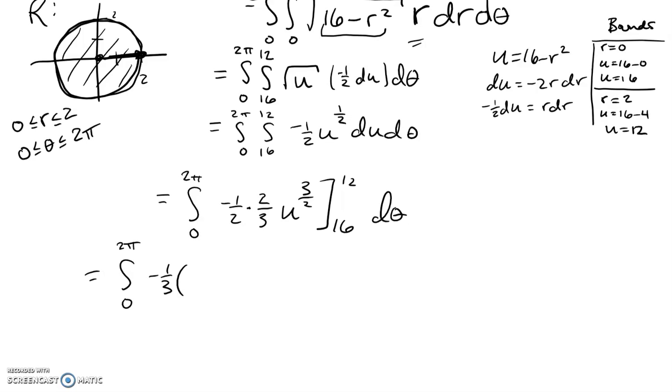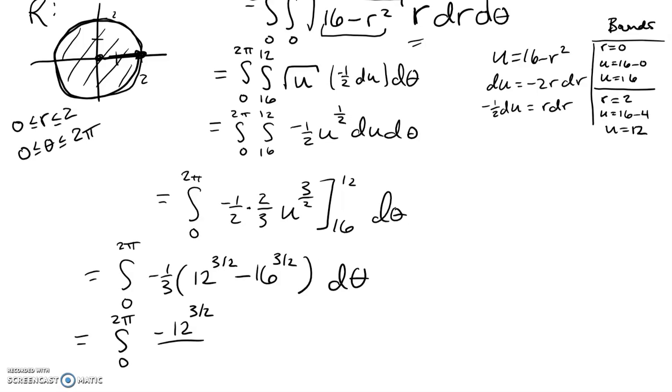We'll have 12 to the 3/2 minus 16 to the 3/2. Which we can clean up just a little bit, so we would have a negative 12 to the 3/2 doesn't really simplify much because the square root of 12 is irrational.